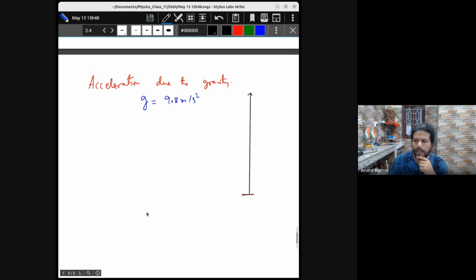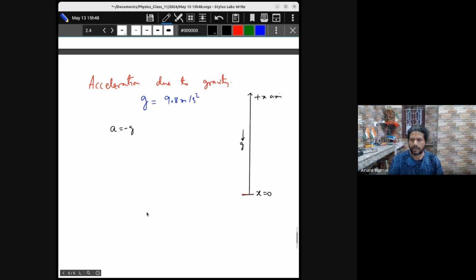If I choose my upward direction as, let's consider the x-axis itself, the positive x-axis over there, in this case the acceleration will become negative, because gravity is pointing downwards. The acceleration due to gravity is pointing downwards.